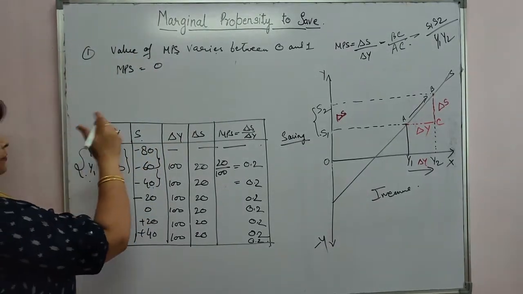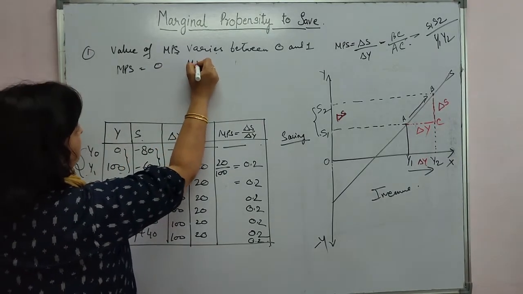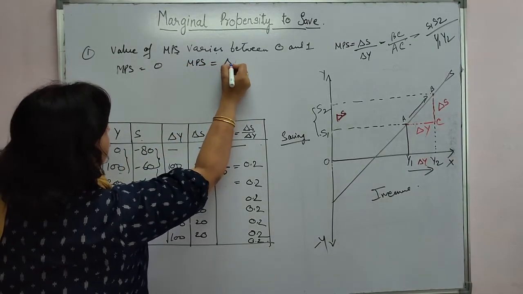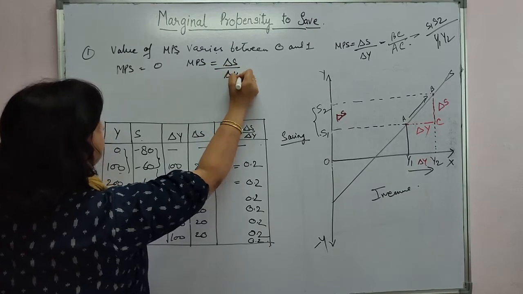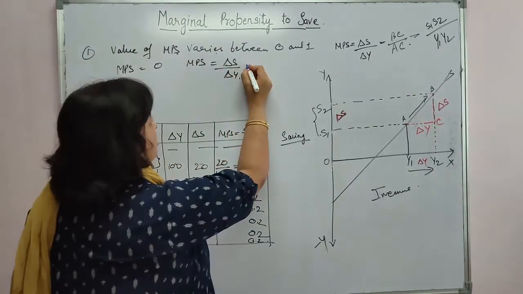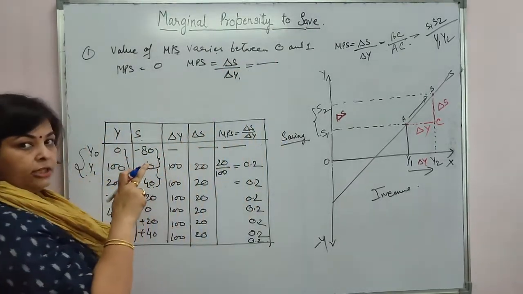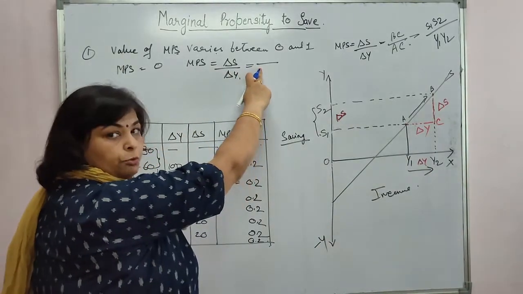And when will it happen? When MPS is equal to delta S upon delta Y. So to get the answer as 0, numerator should be 0.